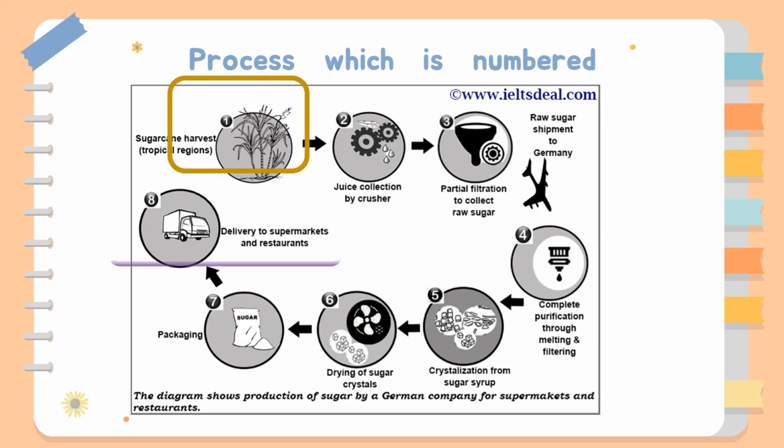And the final is delivery to supermarkets and restaurants. So this is called the numbered process because, as you can see, there are many numbers that you can follow, and by following them you cannot miss any step.